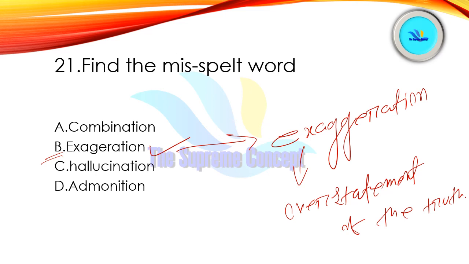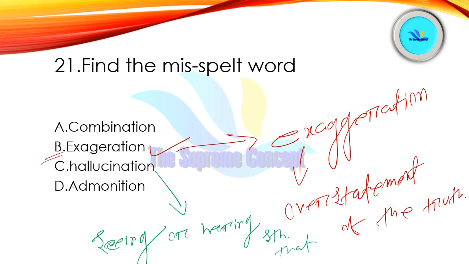And then we have combination. Combination means combining things, adding things. And then we have hallucination. Hallucination means when you see or hear something that is not really there. Let me write it for you. Seeing or hearing something that is not really there.